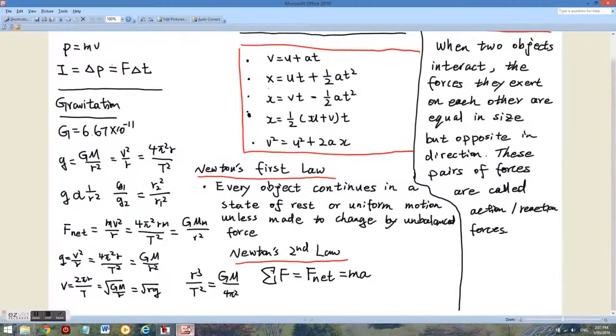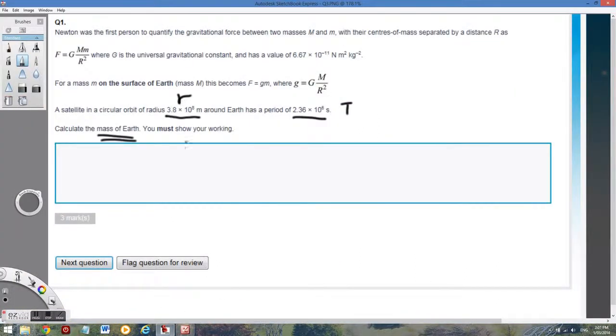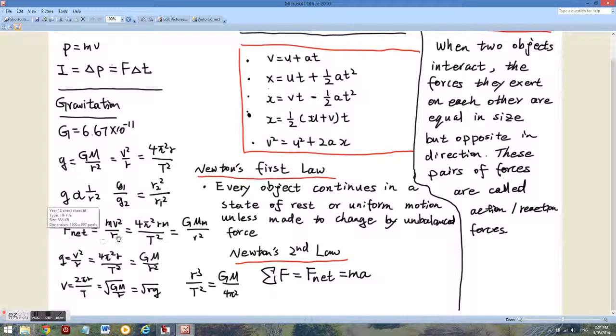We need to find M, so you need the equation with r, T, and M. Have a look. This one works, also this one works, or you can just use your Kepler's equation here. Remember, this equation is very useful.